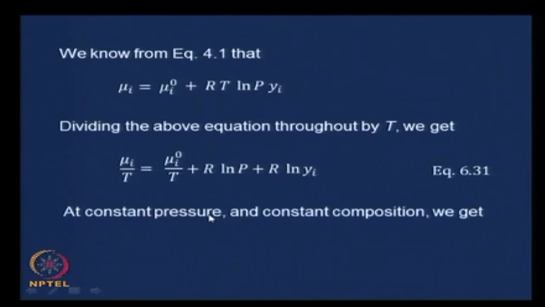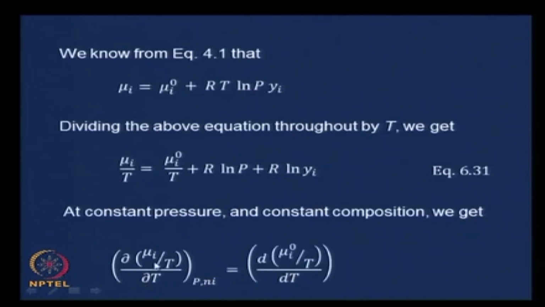Now, if we assume conditions of constant pressure and constant composition, it is quite easy to see that pressure remains a constant and the composition, as represented by the mole fraction, remains a constant. Therefore, the derivative with respect to T of μi/T at constant pressure and constant composition, here indicated by Ni but there indicated by yi, the constancy just means the same, but let me explicitly write Ni here.